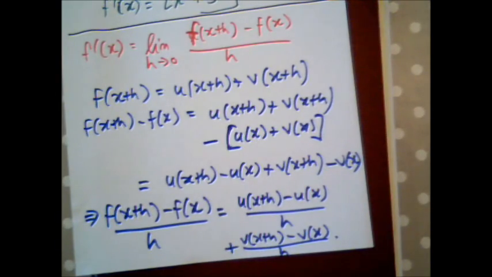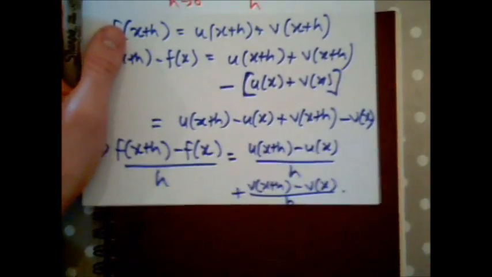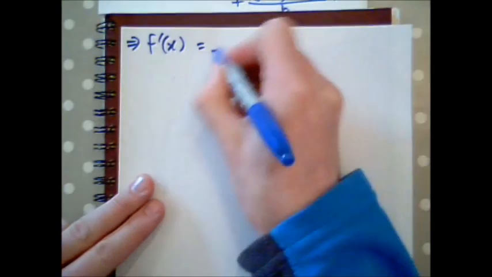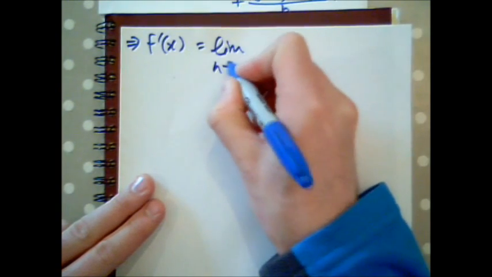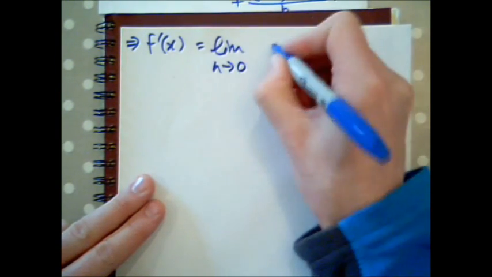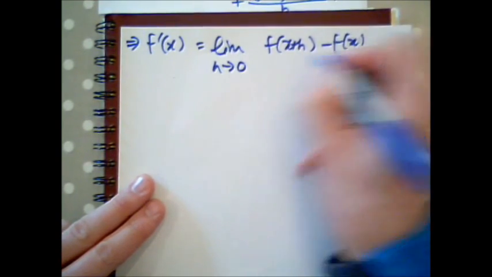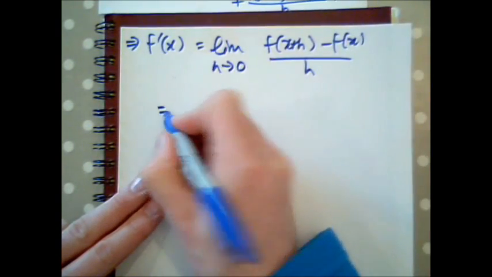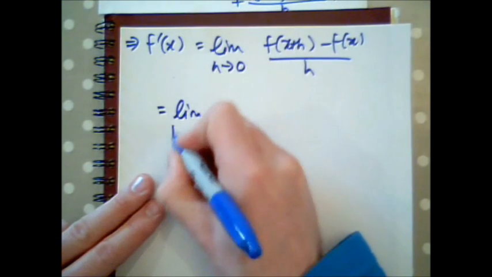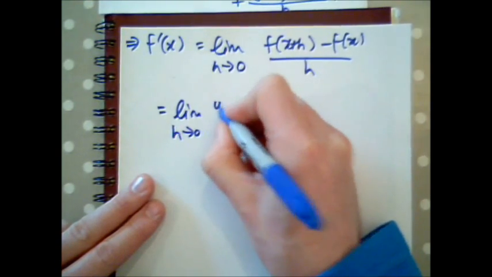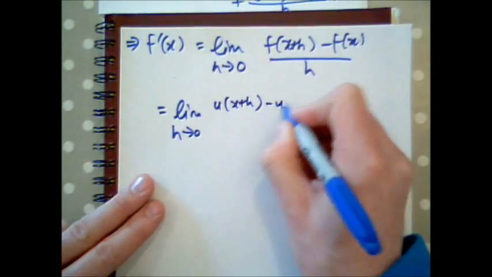The last step in getting the derivative is we take the limit. So let's do that. Therefore, f dash x is the limit as h tends to 0 of f of x plus h minus f of x all over h. So that's the limit as h tends to 0 of u of x plus h minus u of x over h.